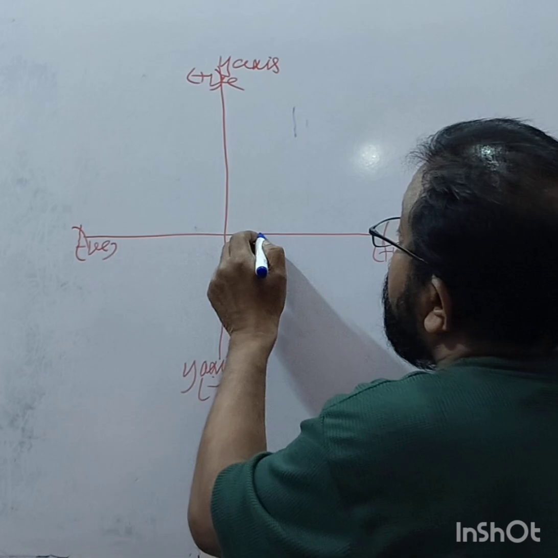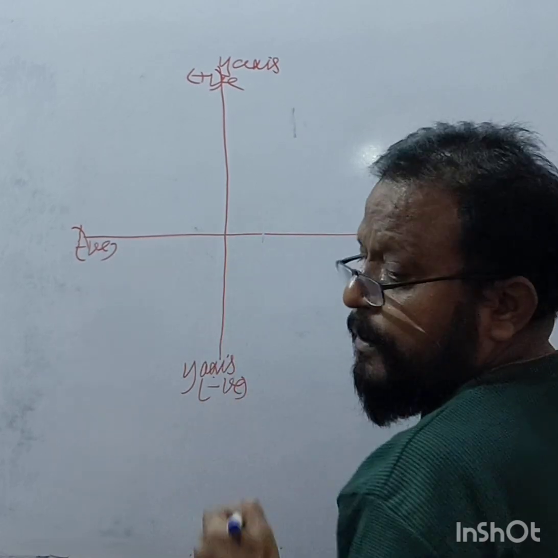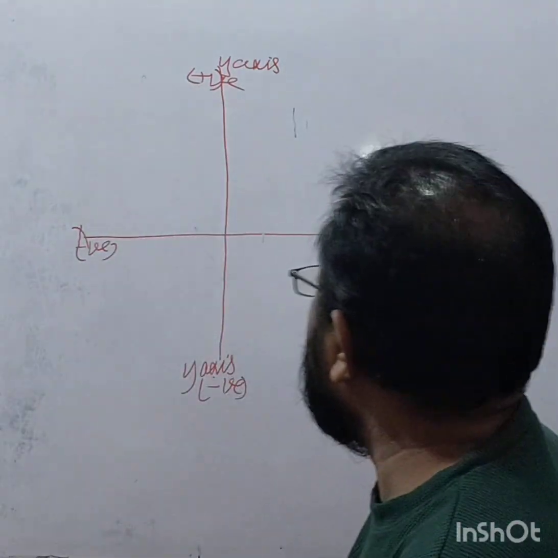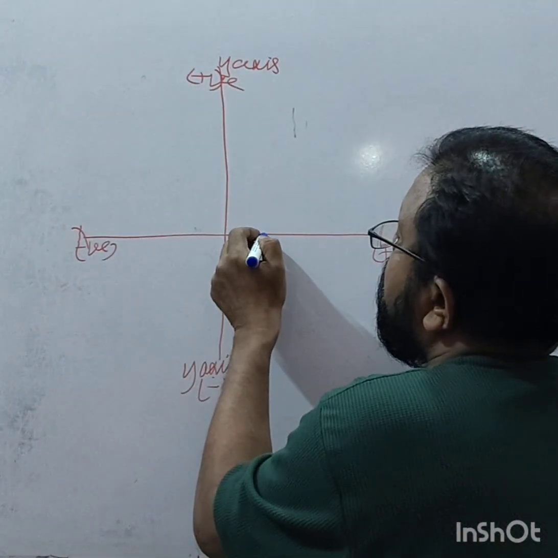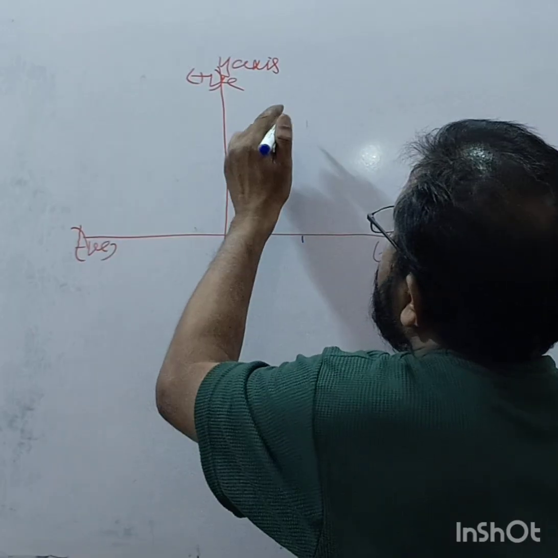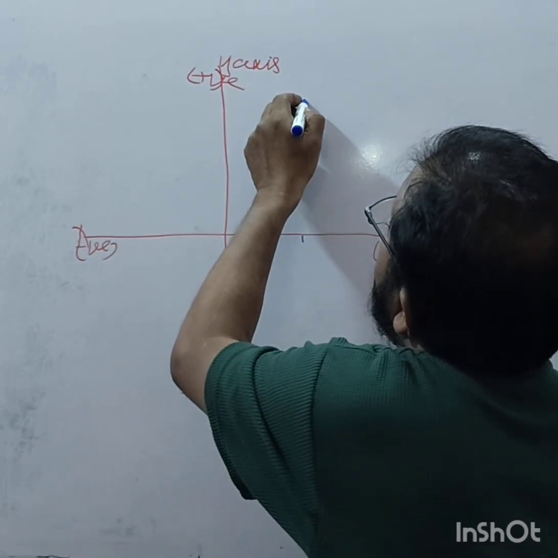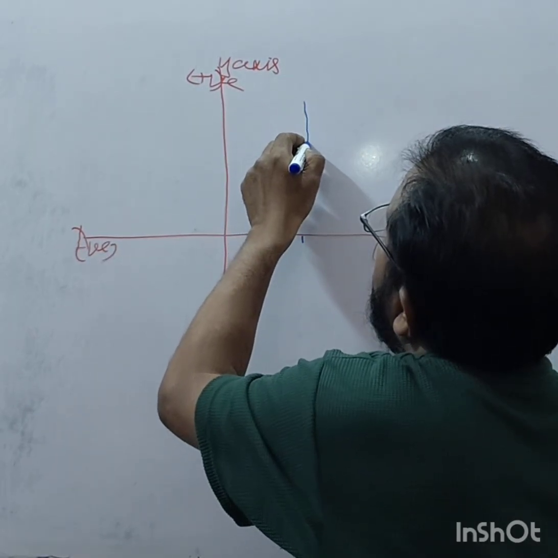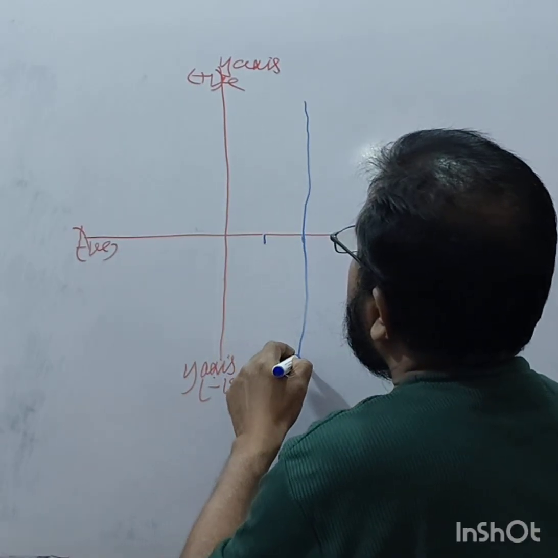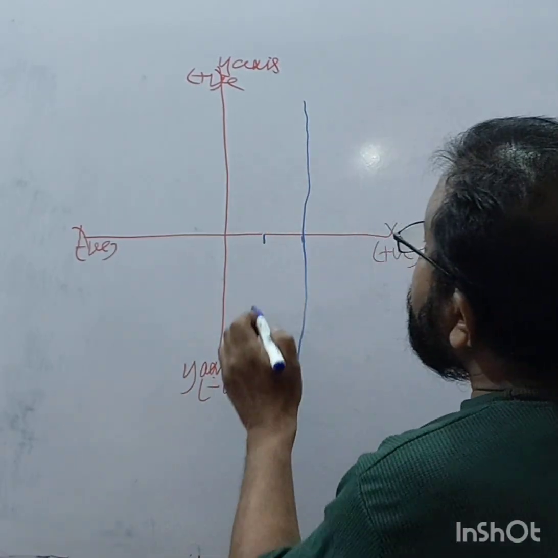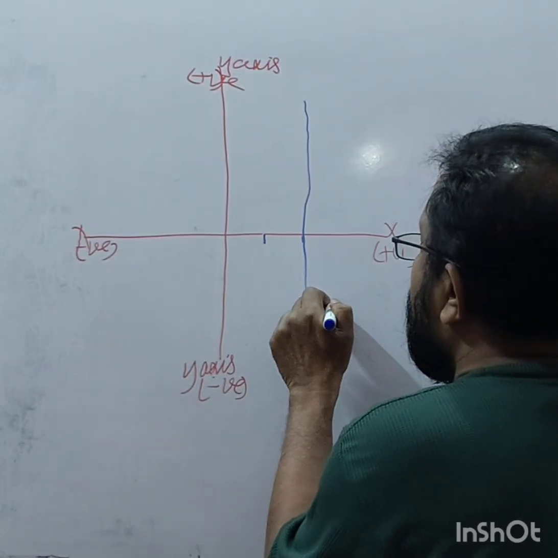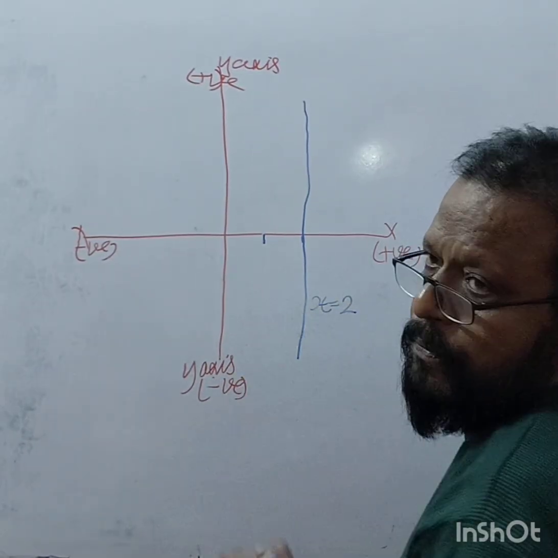This is 1, this is 1, this is 2. So this is the line x is equal to 2.